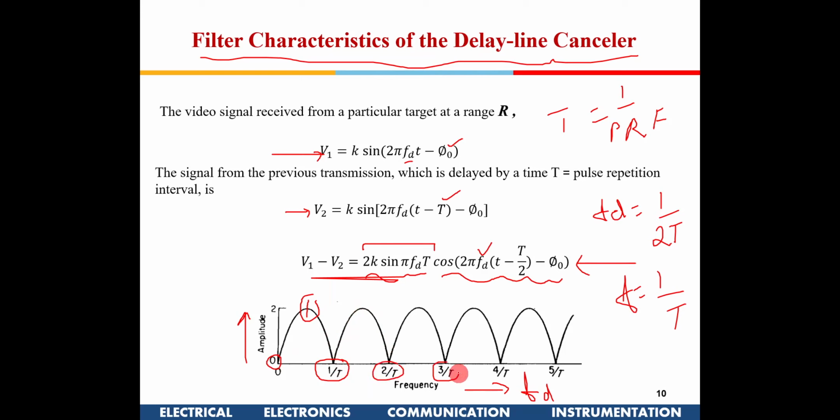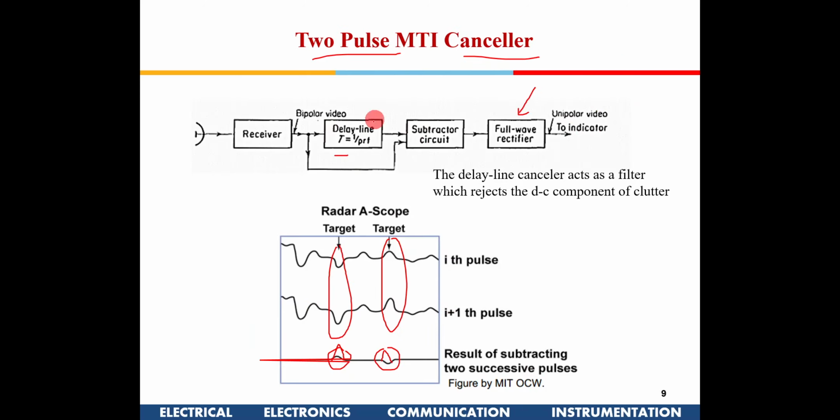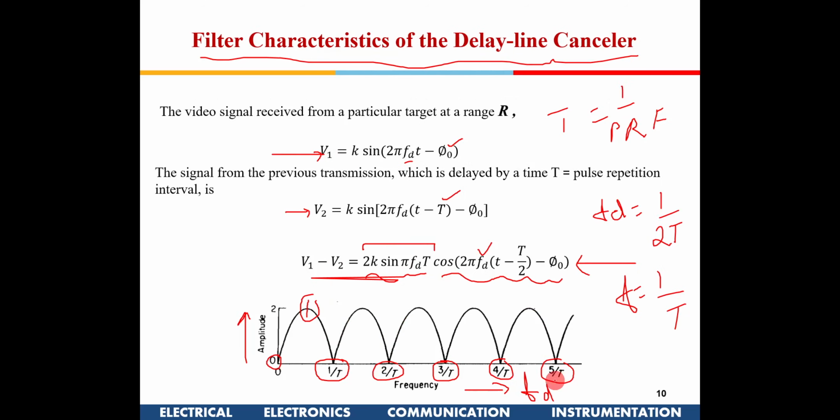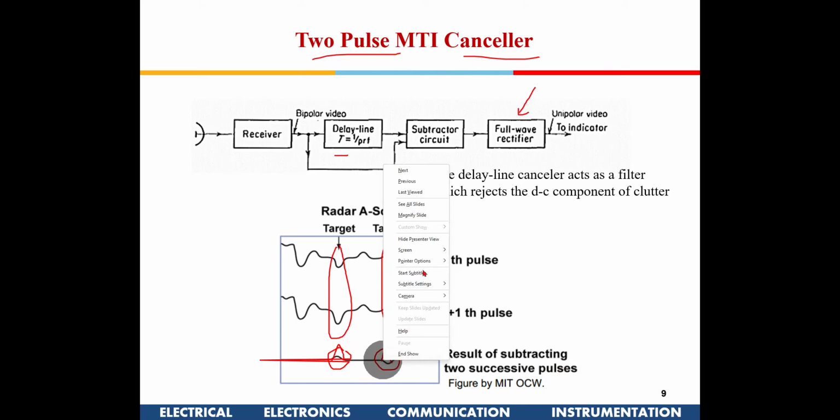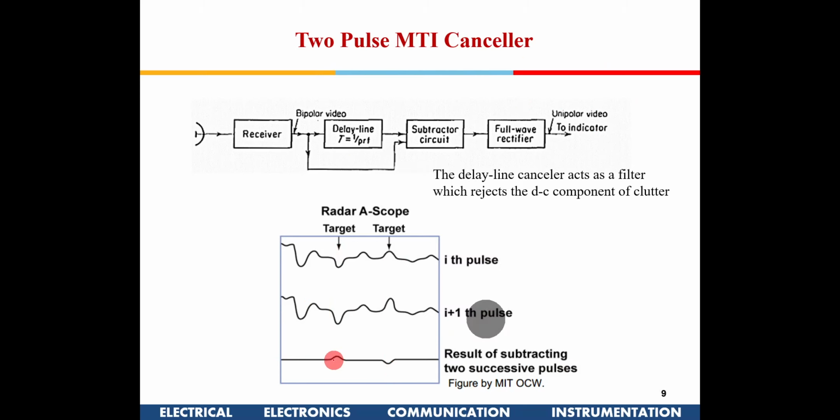At these speeds, although there is a Doppler shift and a Doppler frequency, because of this particular circuit which we have employed, the output would be zero. So these signals will not be available at certain speeds of the target.